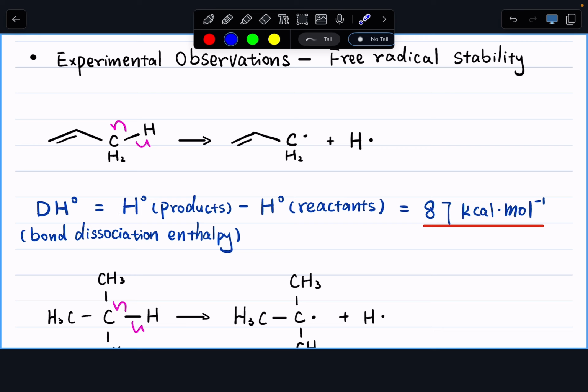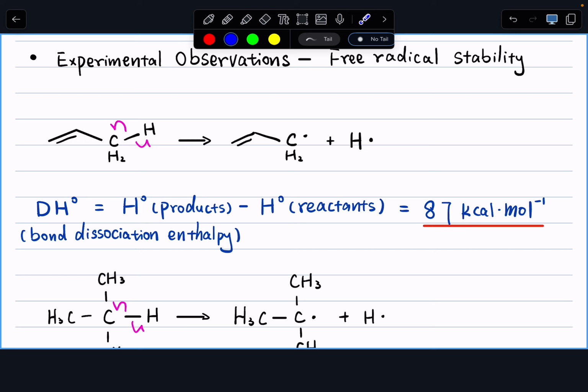For this process, experimentally, we can measure the bond dissociation enthalpy, or how much energy is required for breaking this carbon-hydrogen bond. For this allylic hydrogen, the energy required to break this bond is 87 kilocalories per mole. That's something experimentally measured.